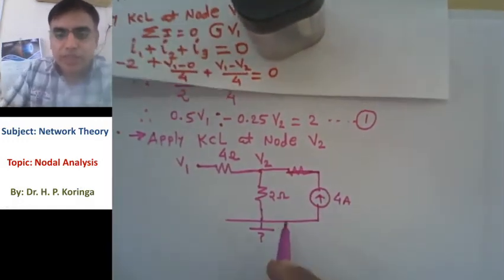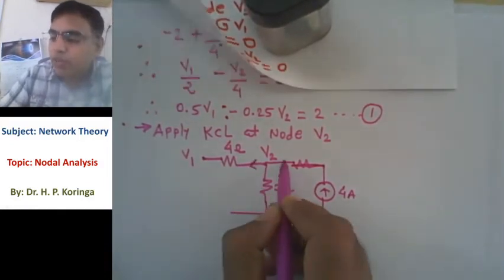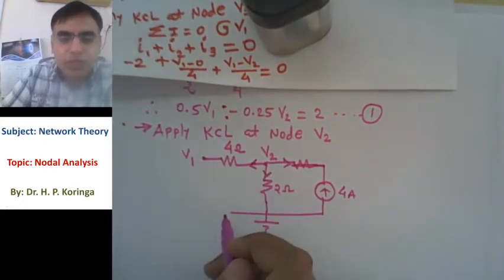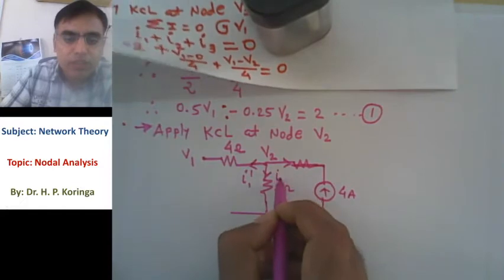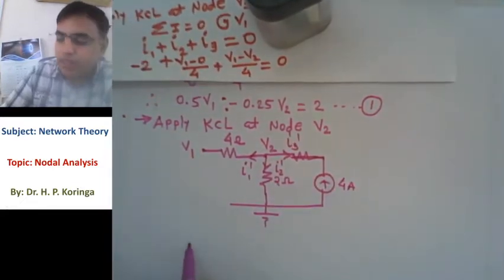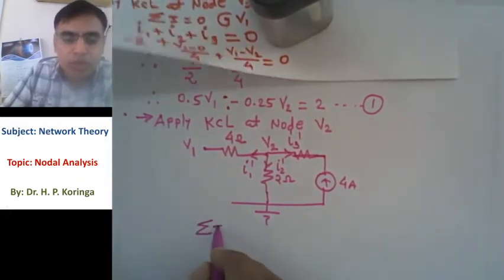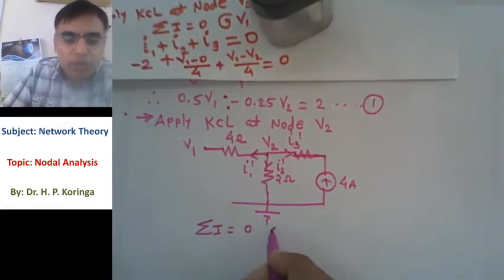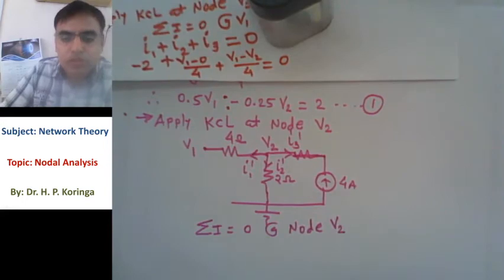And we want to apply the KCL at node V2. So let's take again the outgoing direction currents, three outgoing currents, I1 dash, I2 dash, and I3 dash. So let's apply the KCL. At node V2, the summation of current is equal to 0.